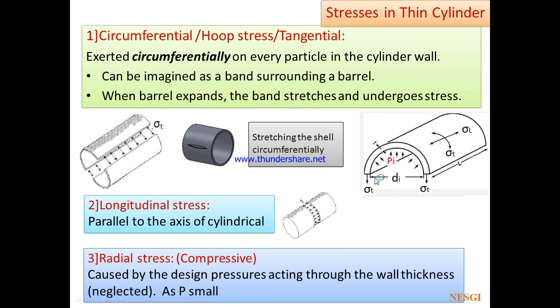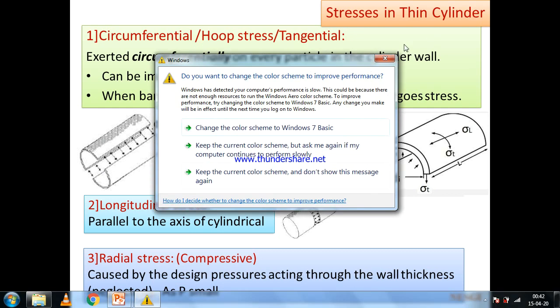Suppose when you place something here, the cylinder will try to expand. At that time this stress will act along the circumference of the cylinder. This basically stretches the shell circumferentially, meaning it will try to increase the radius of the cylinder.